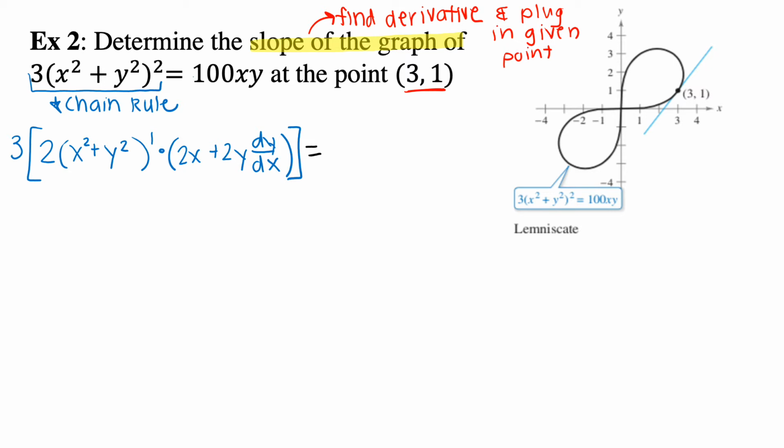On the right-hand side of my equation, we have the quantity 100x times y, and in order to take that derivative, we need to use our product rule.